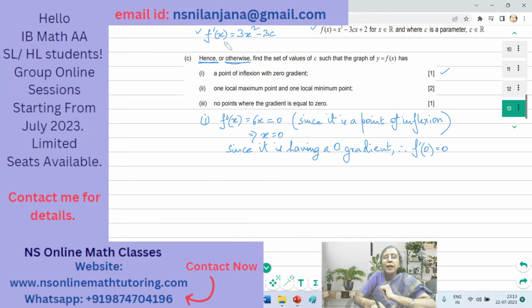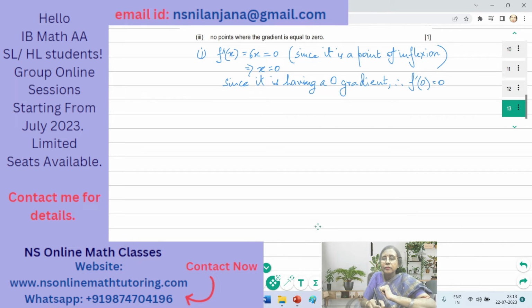And what is f dash x? It is 3x squared minus 3c. F dash x is equal to 3x squared minus 3c.